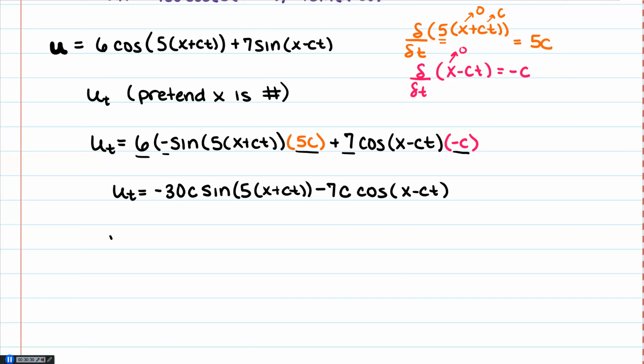So now we want u sub tt, so the second derivative of u with respect to t again. And again, these are partial derivatives, but it's kind of a mouthful. So let's do it. So here, negative 30c just comes down. The derivative of sine is cosine.